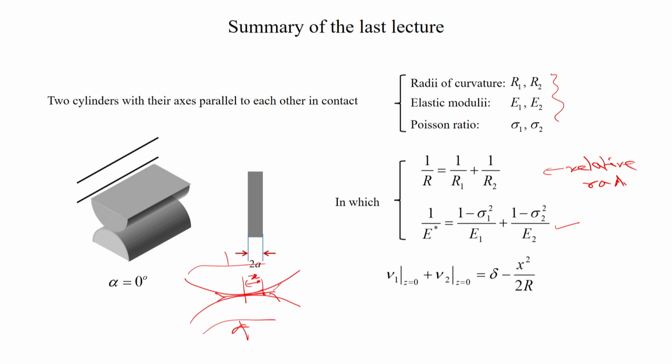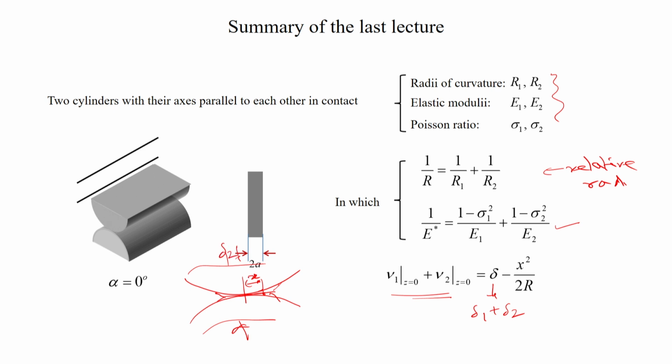The profile of that total deformation is given by this equation: V1 at z equal to 0 plus V2 at z equal to 0 is equal to delta 1 plus delta 2, that is the summation of the distance through which these two cylinders come closer.